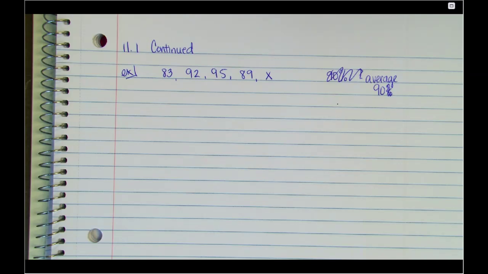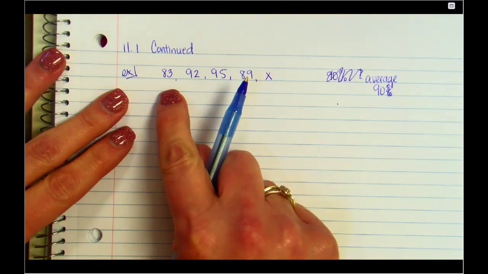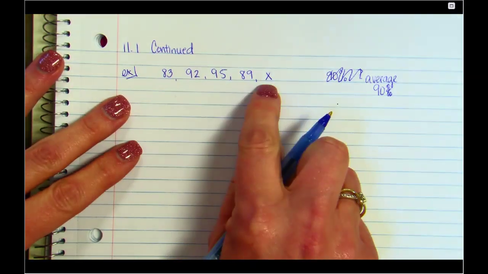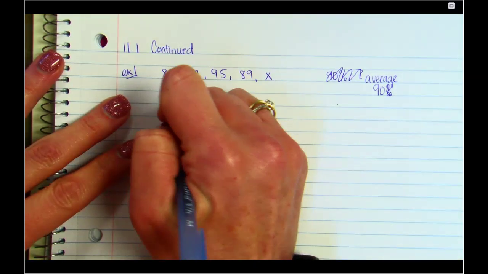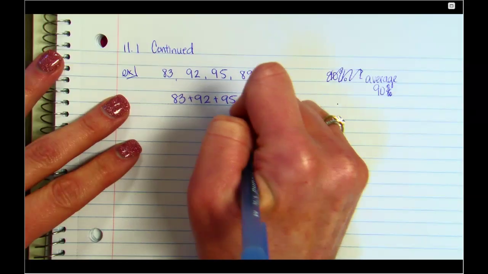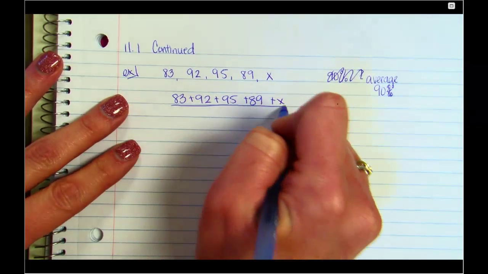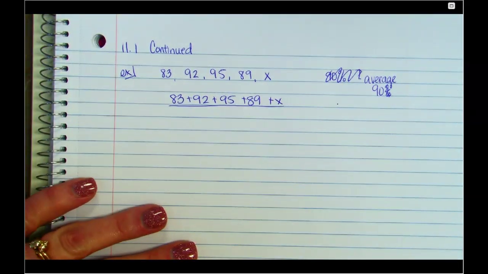But I have a problem because they don't have a number. So this requires you to write an equation. Watch what you're going to do. This should make some logical sense. How we find average is we add them all up: 83, 92, 95, 89, and X. We divide by what? 4 or 5? 5.